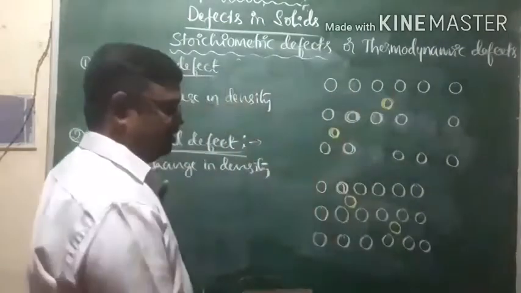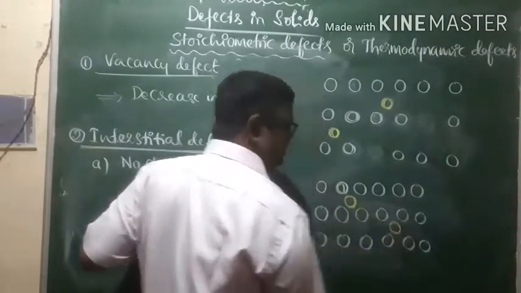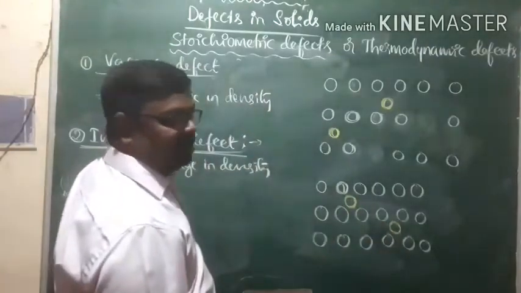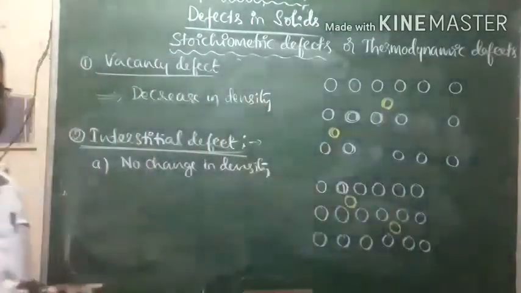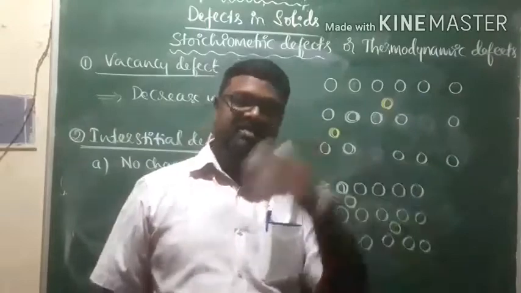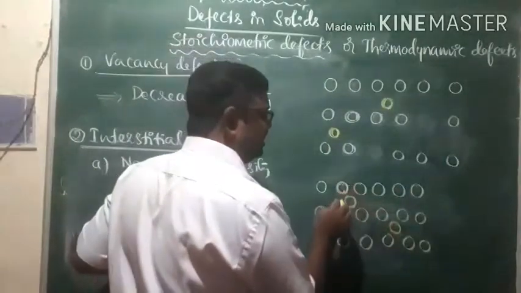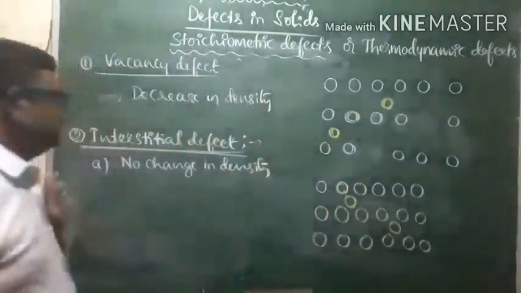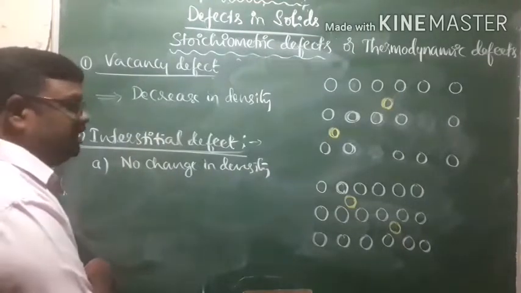Now look, some extra non-ionic particles are introduced in interstitial sites. This is also interstitial defect. By any means, if some extra non-ionic particles are introduced in the interstitial sites of the given crystal lattice, then that also leads to interstitial defect.